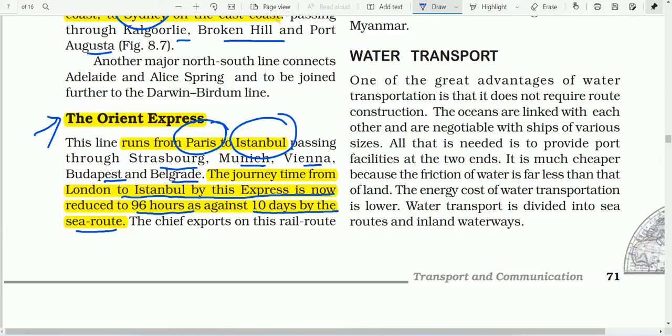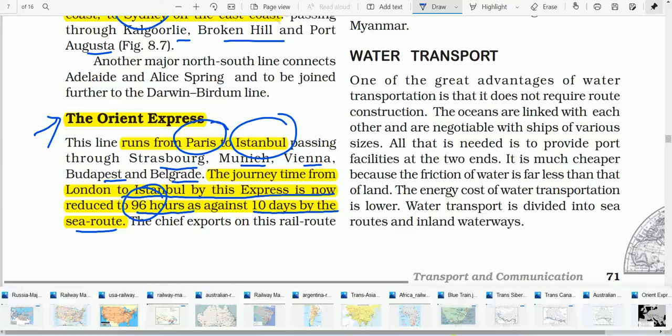If you travel from London to Istanbul by sea route, it takes 10 days. But by this Orient Express, it takes only 96 hours. This is the significance of the Orient Express.